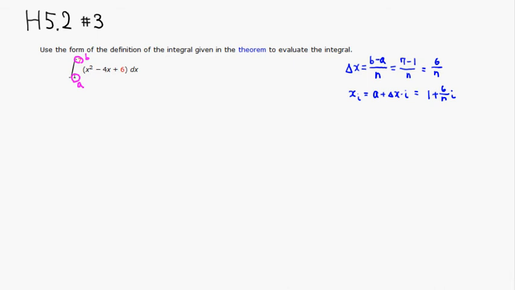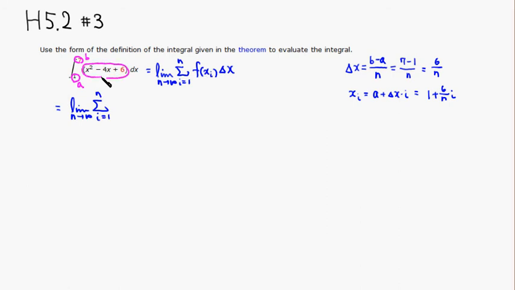By definition, it's going to be the limit as n approaches infinity, summation i goes from 1 to n, of f of xi times delta x. So let's write that down. It's a limit as n approaches infinity, summation i goes from 1 to n. f of x in this case is this integrand right here.